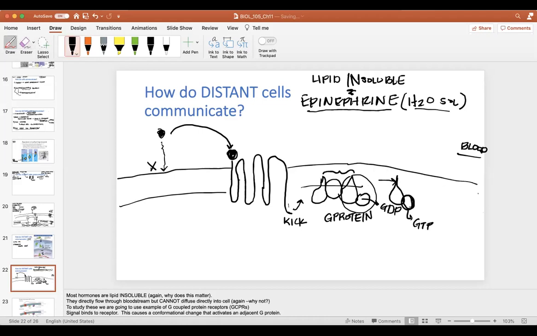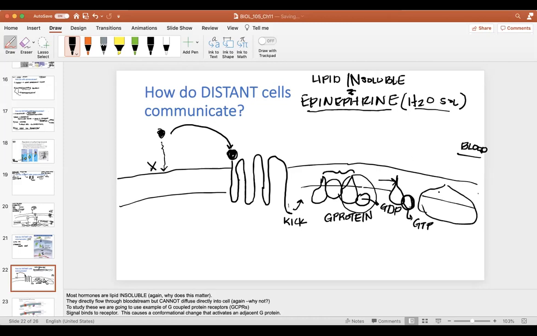Well, it turns out that this complex here with the GTP molecule actually fits nicely into an enzyme here.